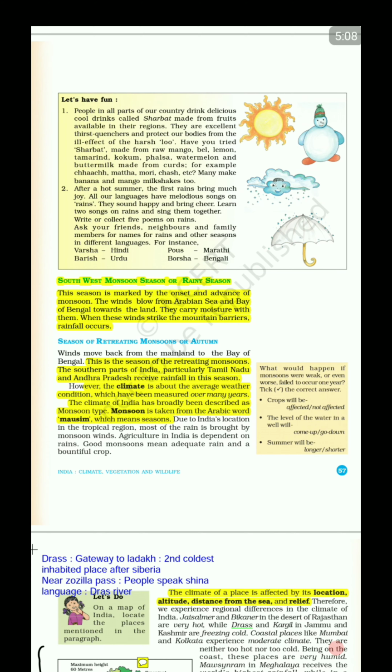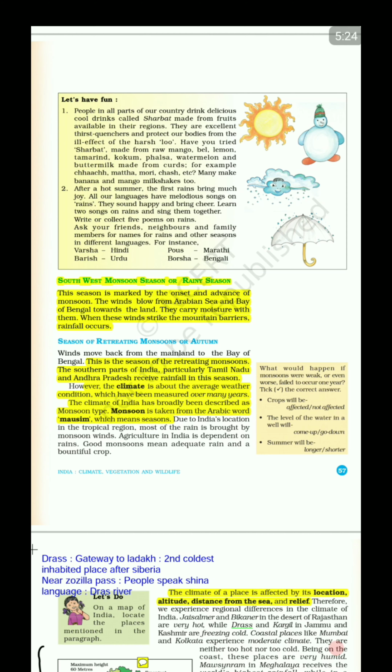So for the rainy season, primarily winds coming from the southwest direction are responsible. And I have already discussed what climate is.